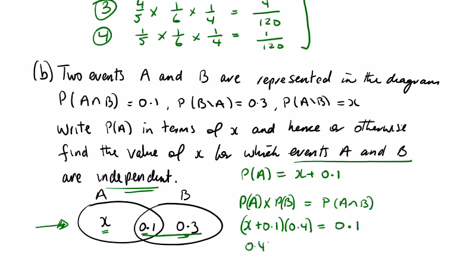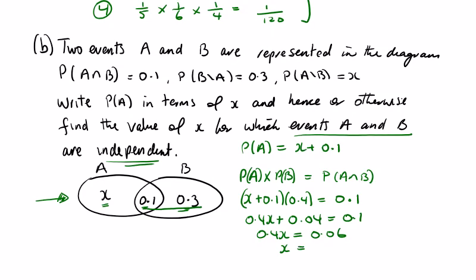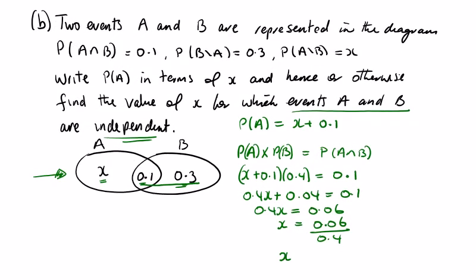So 0.4x plus 0.04 is equal to 0.1. So 0.4x would be equal to 0.06. So x would have to be equal to 0.06 divided by 0.4. And that's going to give me x to be 0.15. So that's the answer here.